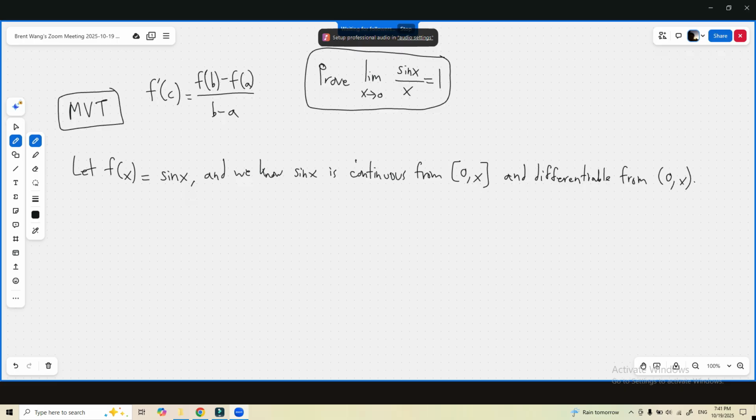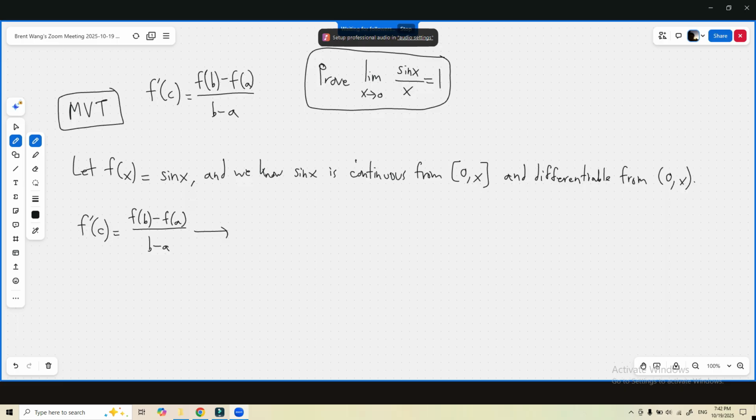This means the mean value theorem applies, and we can say that f prime of c is equal to f of b minus f of a over b minus a.